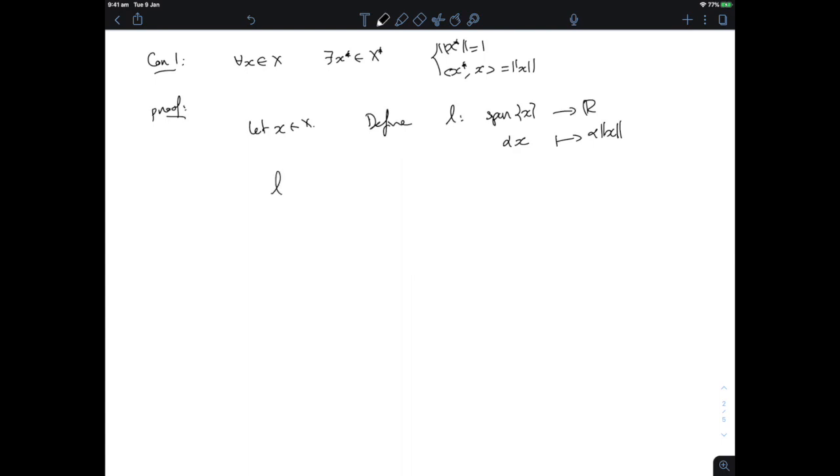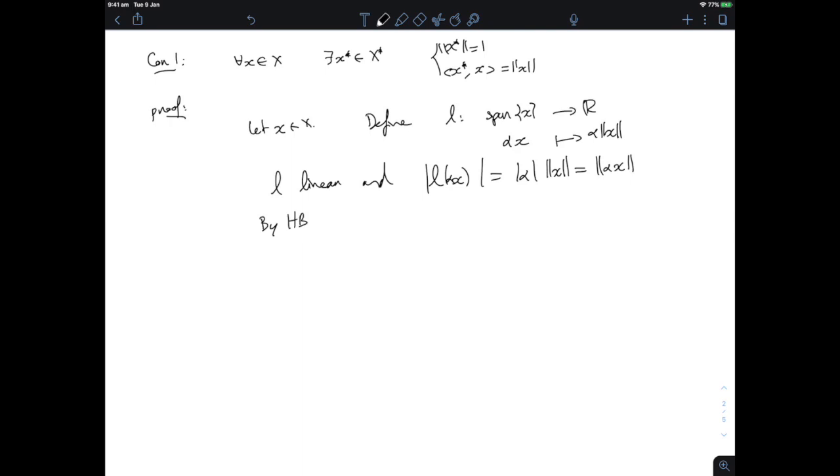Now L is linear, and L of alpha x in absolute value is what? It's absolute value of alpha times norm of x, and that's exactly the same as norm of alpha x. So this satisfies the assumption of Hahn-Banach theorem.